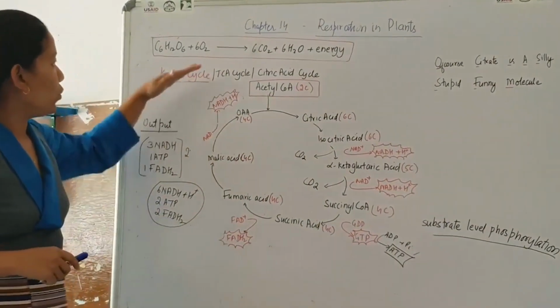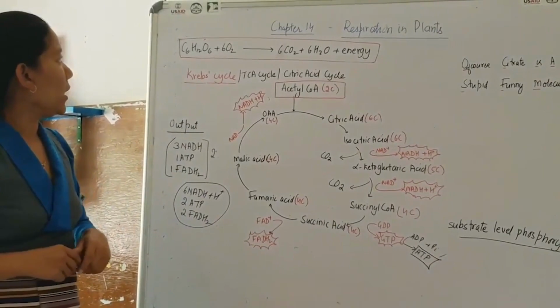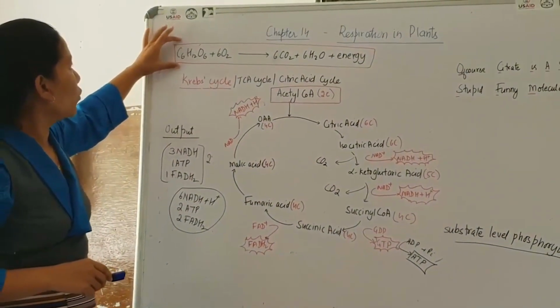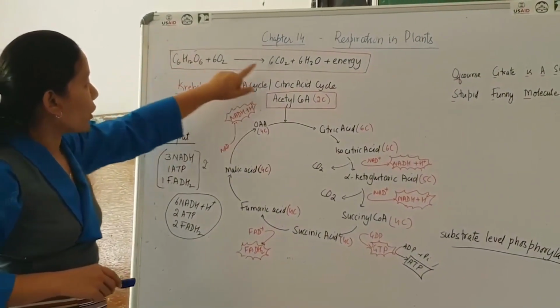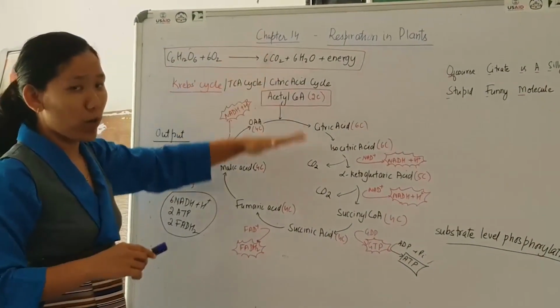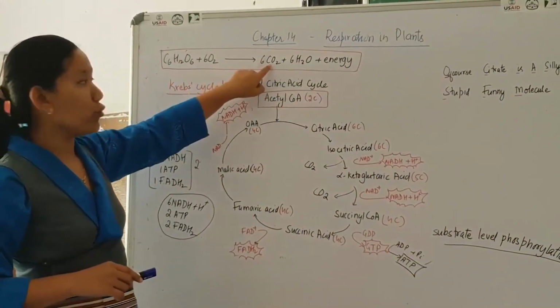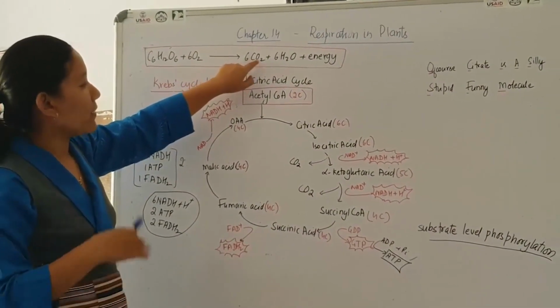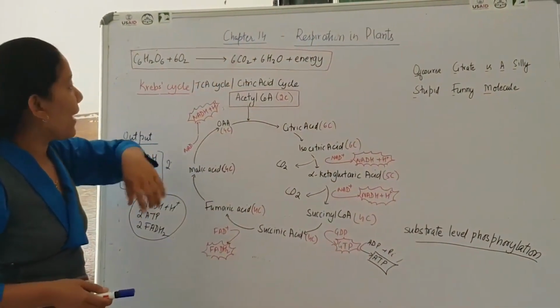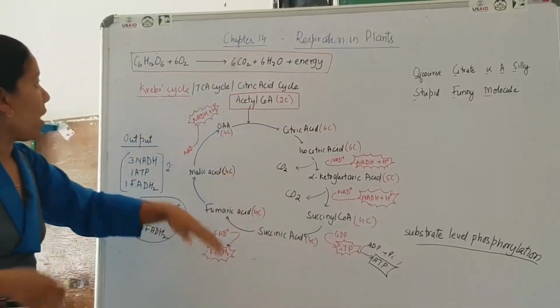Now this is done. We are almost done here. Till now what we have learned is that glucose is completely broken down into 6 molecules of carbon dioxide, and in the process water is also released and some amount of energy is released.